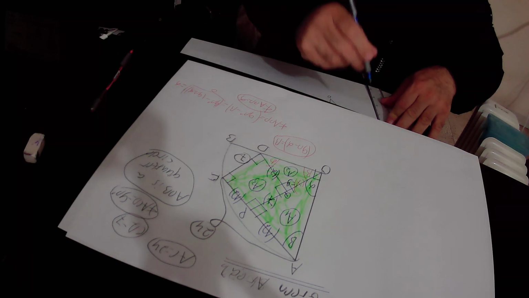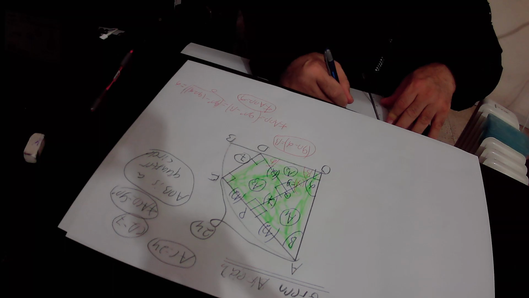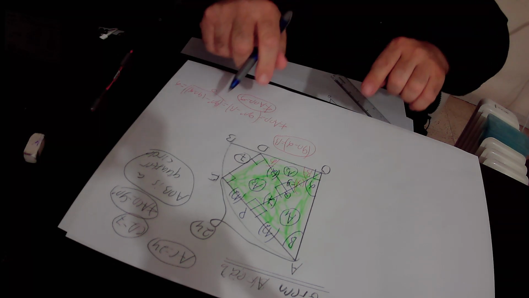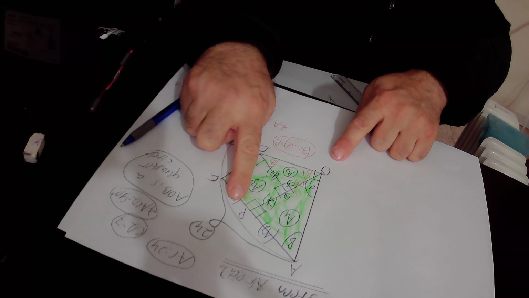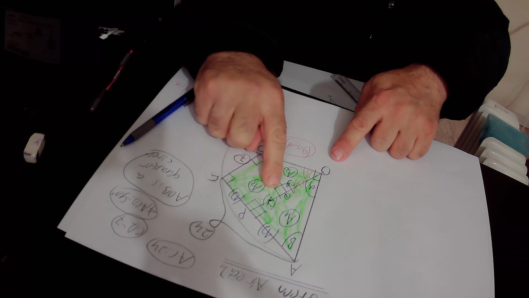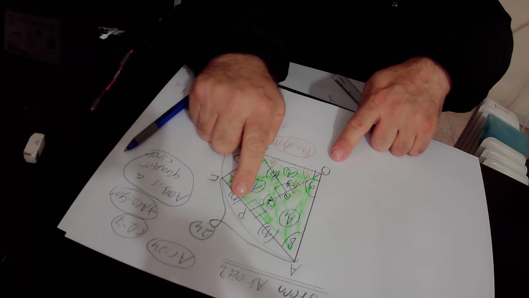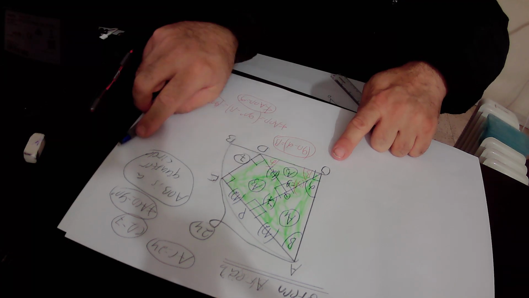AP equals 12 units. PO equals PQ plus QO, that is to say PO equals 7 plus x, and x equals 9, so in total PO equals 7 plus 9, that is 16.